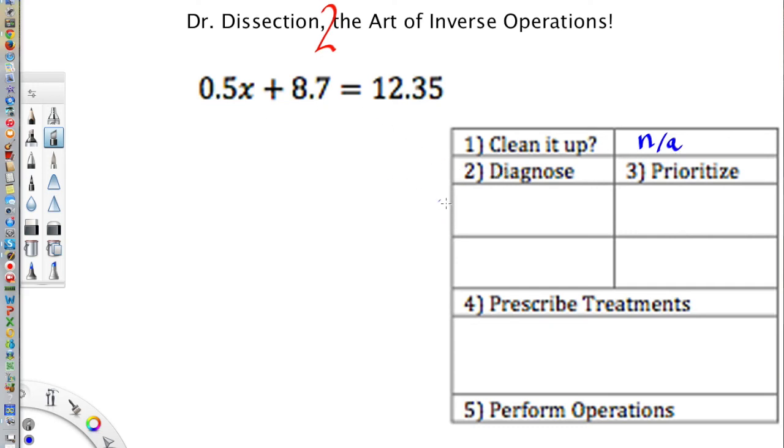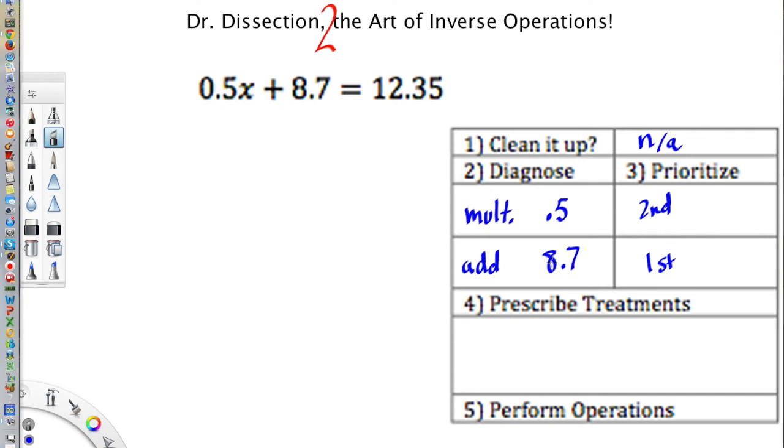We see that we are multiplying our variable x by 5/10, and I'm also adding 8 7/10. We need to take care of the adding injury first, then we'll take care of the multiplication injury second. We go in the inverse order of operations, we go backwards when we're solving for a variable.